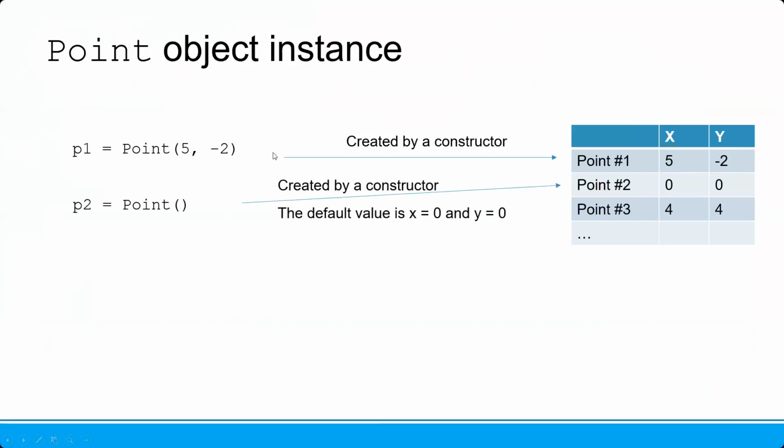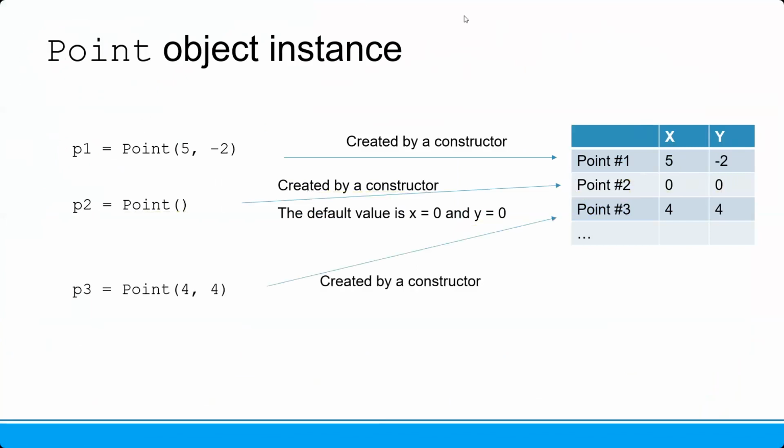And then we have another point, which is point number 2. Again, this will be created by a constructor. If you look at this one, point without any numbers, the default value is 0 and 0. Then P2 is a point and the default value is X equals 0 and Y equals 0.